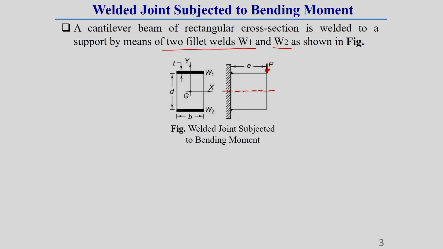So, what is a cantilever beam? A cantilever beam is a structural component where one end is fixed and the other end is free.